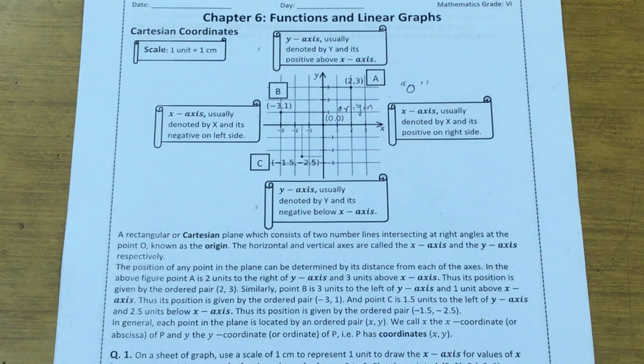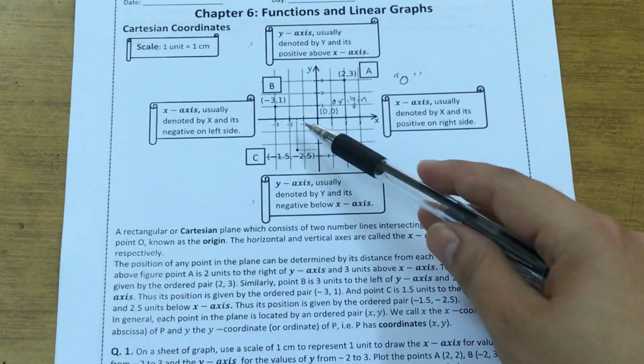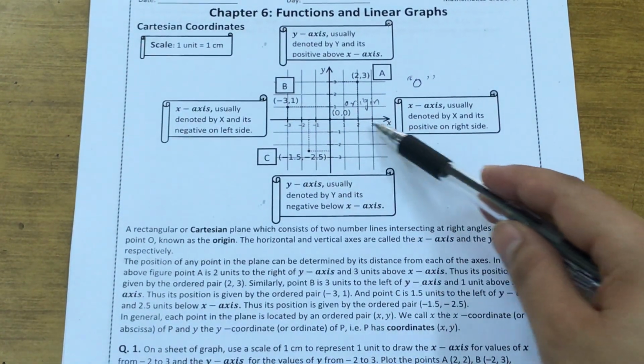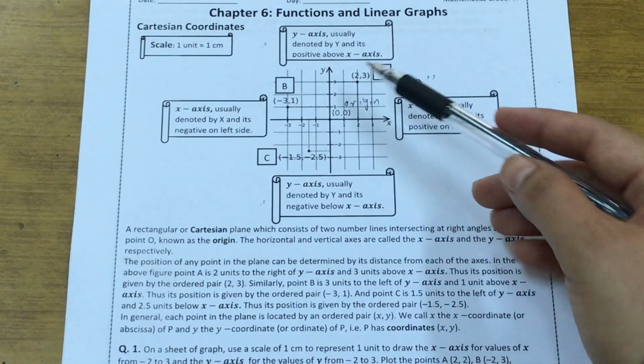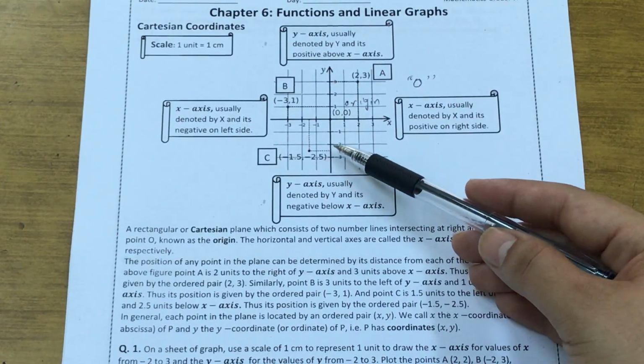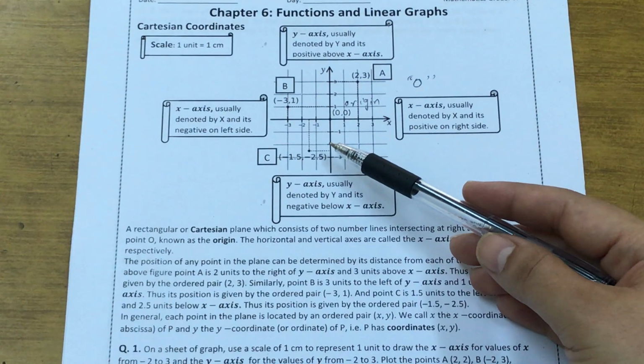Students, this horizontal number line is called the x-axis. This vertical number line is called the y-axis.